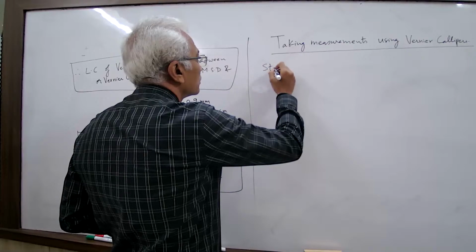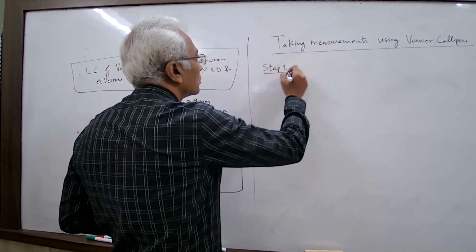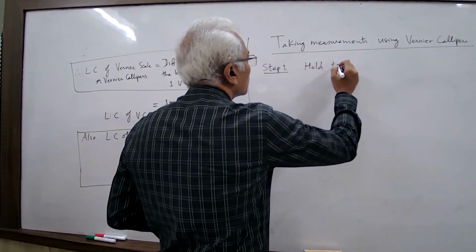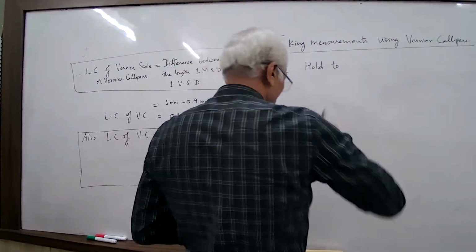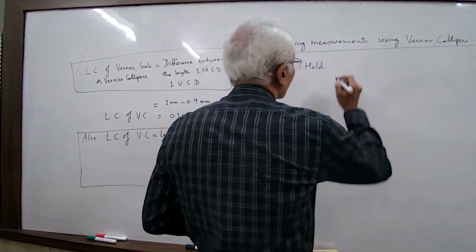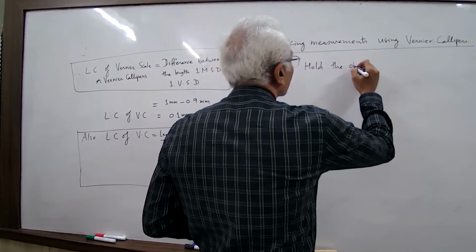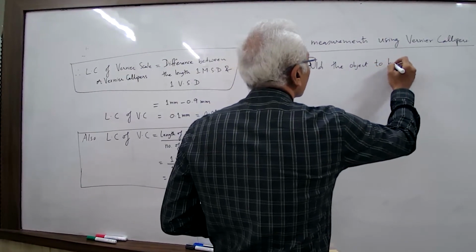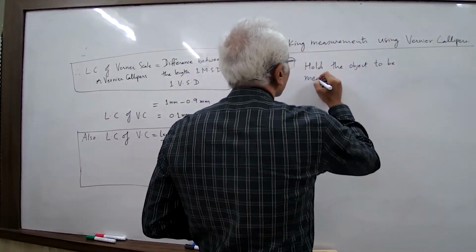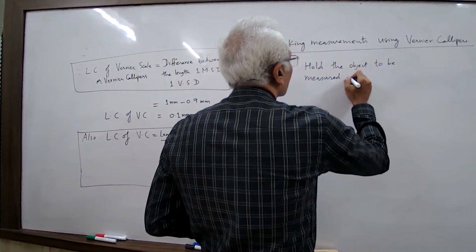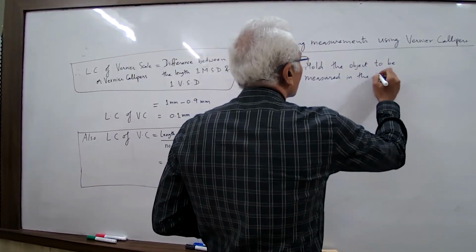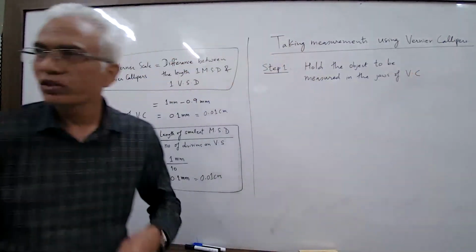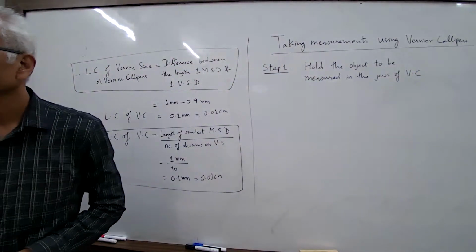Step 1: Hold the object to be measured in the jaws of vernier calipers. First, you have to hold it properly.